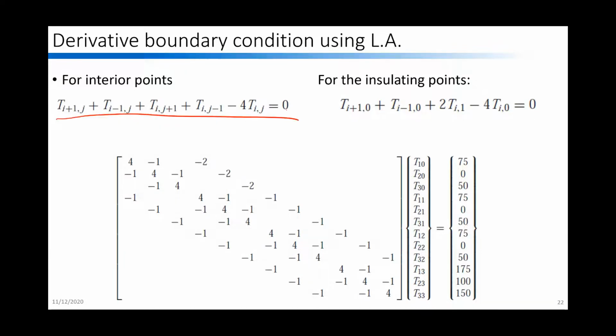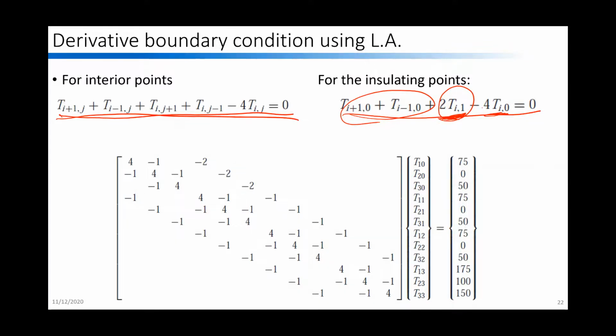For our interior points, we still have this same equation that we had before, but now for our insulating points, we have this equation. Here's that 2ti. Here is looking left and right. This was looking right up and down at that t0 point using that derivative boundary condition, and we have minus 4ti0 equals 0.